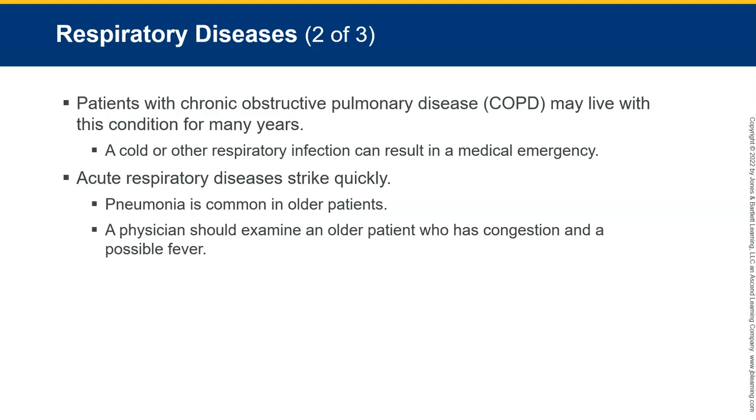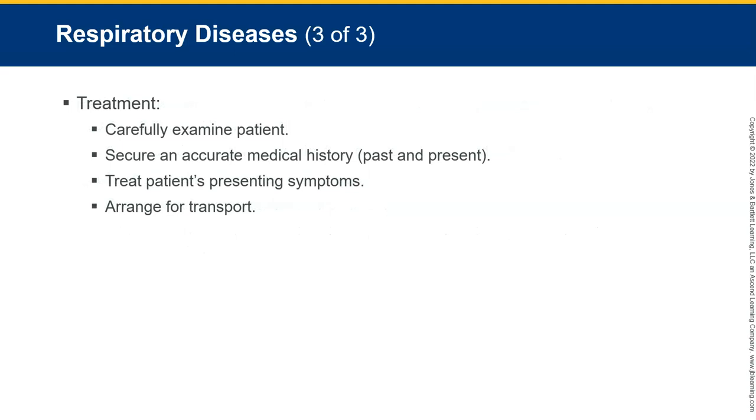Minor symptoms can become a major illness in a short period of time. Remember, we talked about not being able to clear our lungs, stuff being stuck in there, and our body not able to fight it off the way it should. One problem after another leads to something like pneumonia and really gets people in a bad place. So physicians should examine these older patients who have congestion, especially if they have a possible fever. They probably need to be seen.